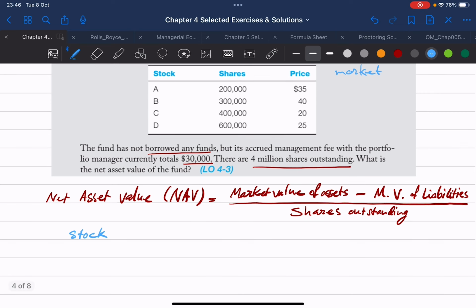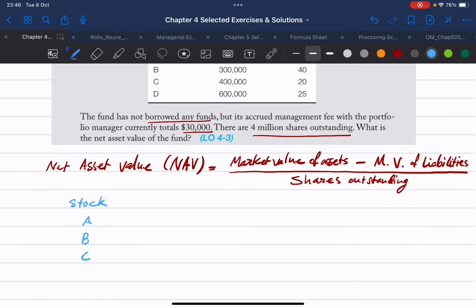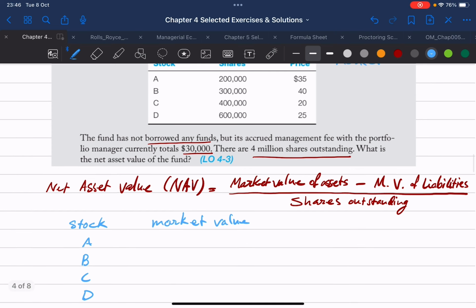Stock A, B, C, and D. And here, market value, or you could say value of the holding, for example. And then we will calculate that.